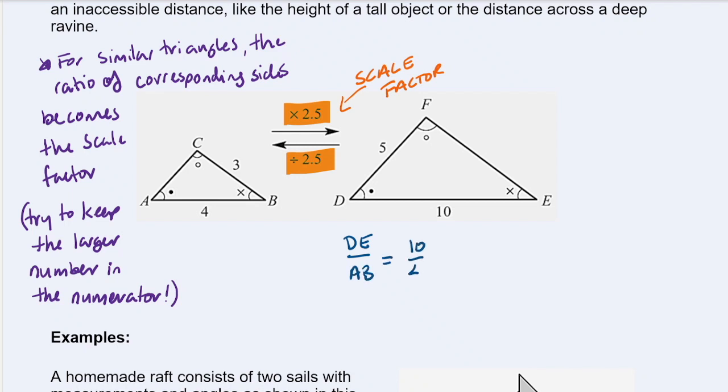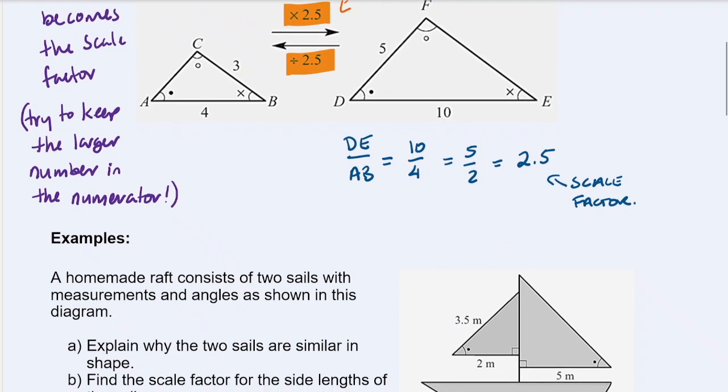That's 10 over 4, which is 5 over 2, which is 2.5. So that becomes our scale factor. Hopefully you've followed along. Jumping straight from there into our examples, because we've done enough on scale factor, I believe.